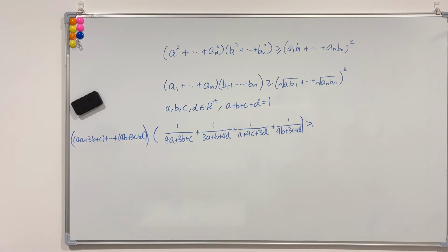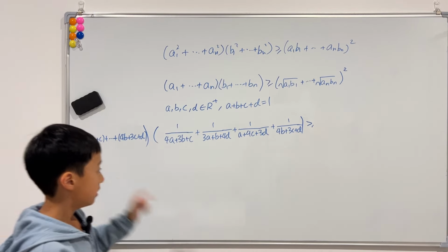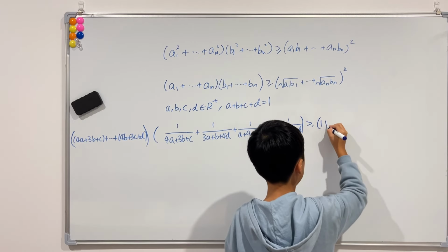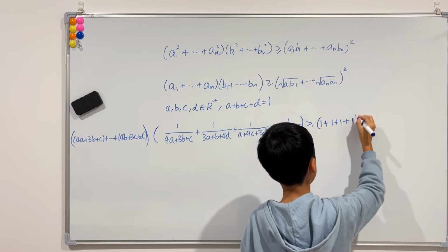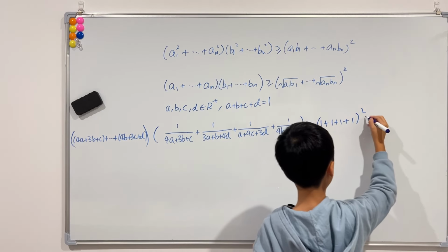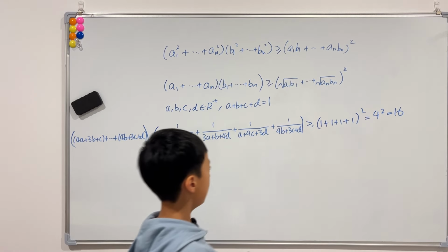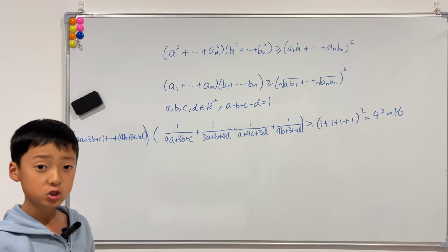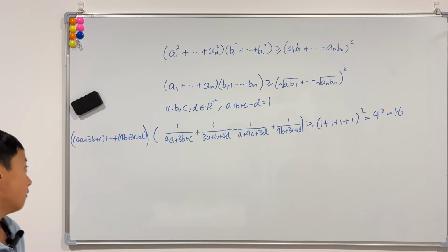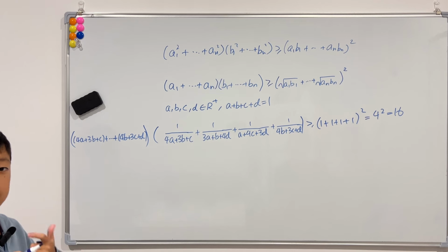And now, let's see. We see that this is greater than or equal to, of course, 1 plus 1 plus 1 plus 1, squared, since there are 4 fractions, which is equal to 4 squared, which is 16. But this is nowhere near what we want. But actually, just one more little trick. If we add all of this up, you'll notice it becomes 8a plus 8b plus 8c plus 8d.